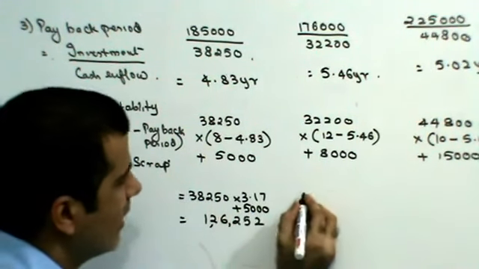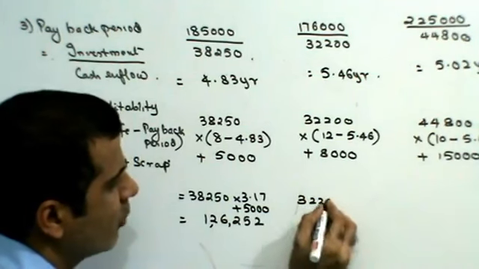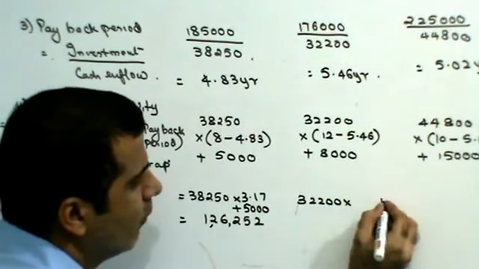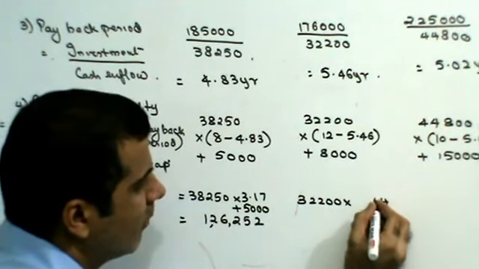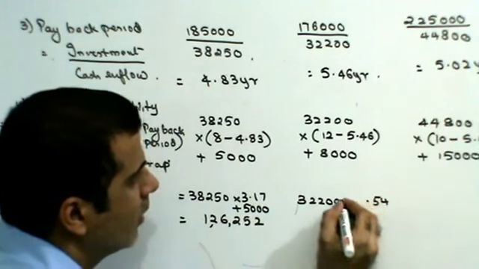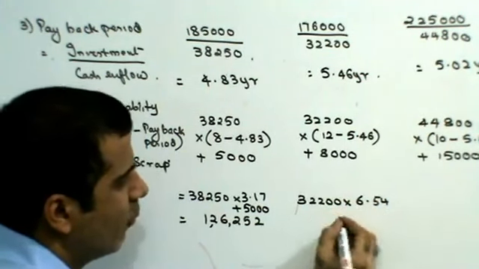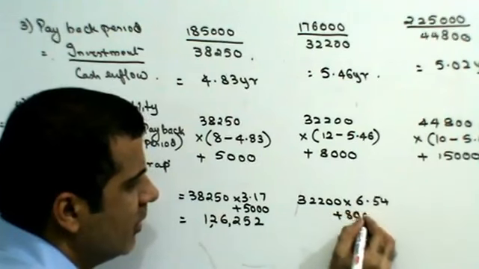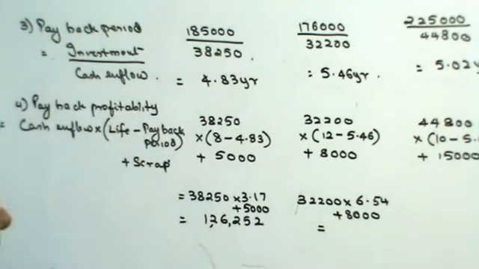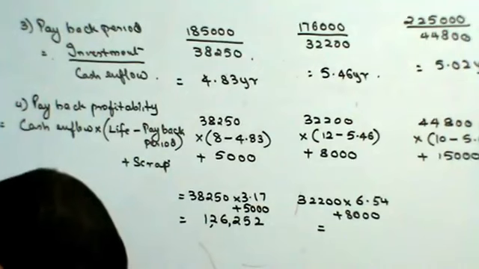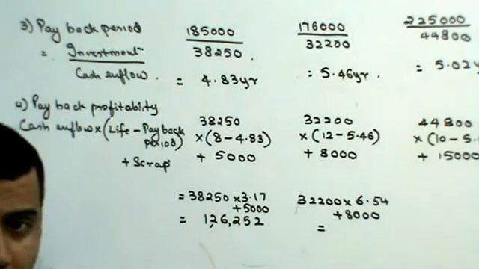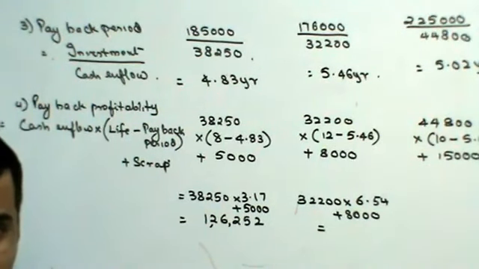Okay. Now, in the case of machinery B, it is 32,200 into 12 minus 5.46, this is 6.54, plus 8,000. Right? I presume this should come to somewhere close to 2,18,588.